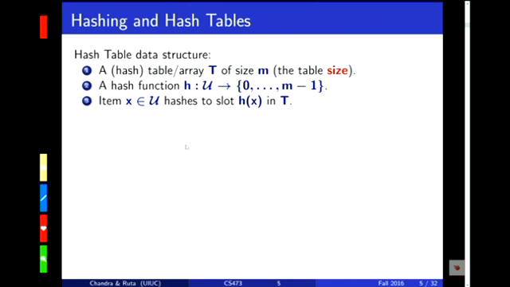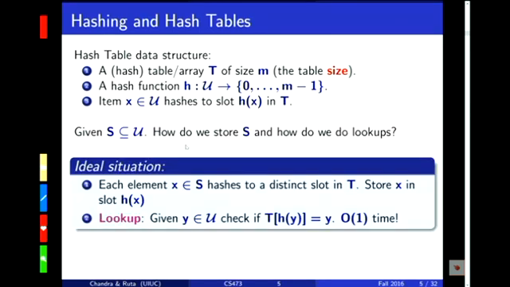So when you want to store an element x, you compute h of x, which will create one of these numbers, 0 to m minus 1, and then store x at T of h of x. So for any given set S, for any element in the set, you compute h of x and store x at that slot in T, okay?